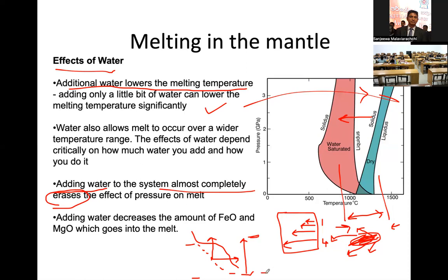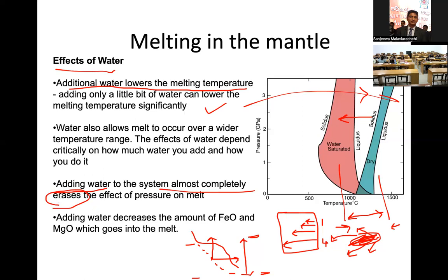Starting from there. But now we have reduced the solidus temperature, so that even without considering the pressure effect, we don't need any pressure change because the melting can easily take place after adding this water. I mean, after changing this solidus temperature, right? So that means it completely erases the effect of pressure on the melt.